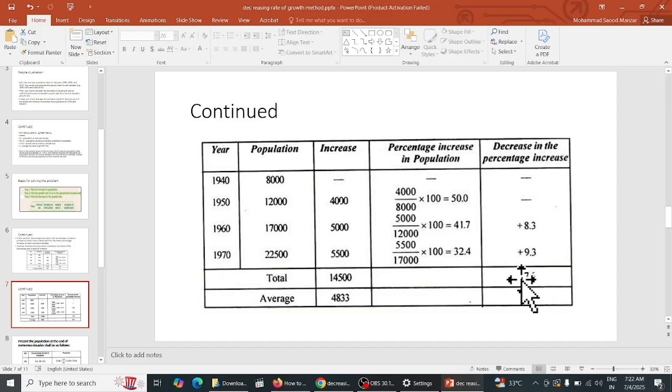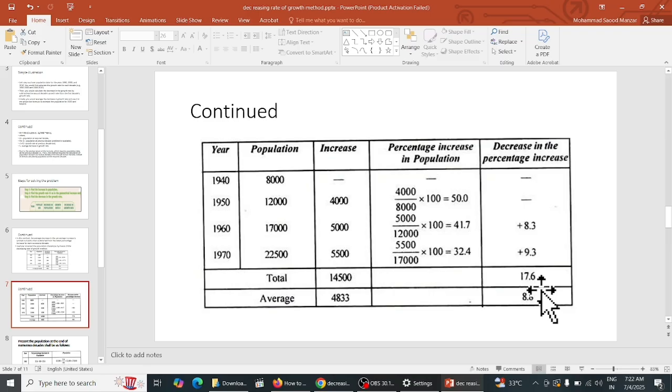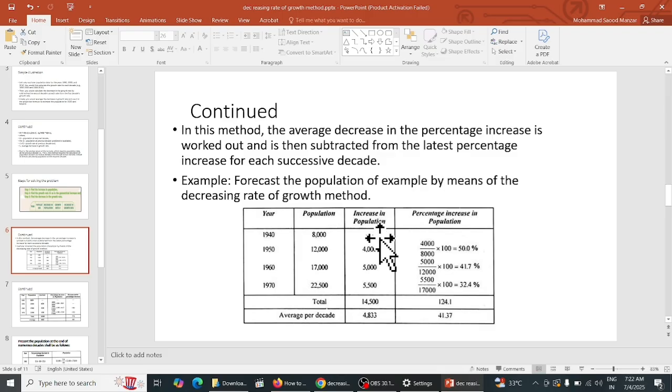Again we will take the average, the sum of these, and then the average. Since here we have two values, it will be 17.6 upon 2, which is approximately equal to 8.8. Okay, and in this one we had three values, and here also we have three values, so we are going to take any three observations.